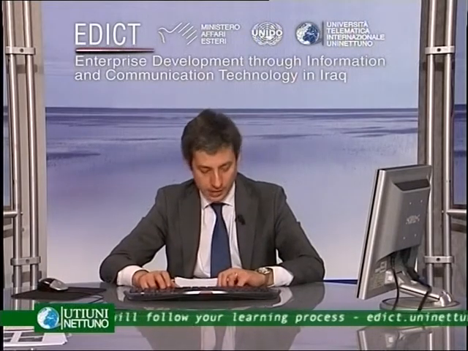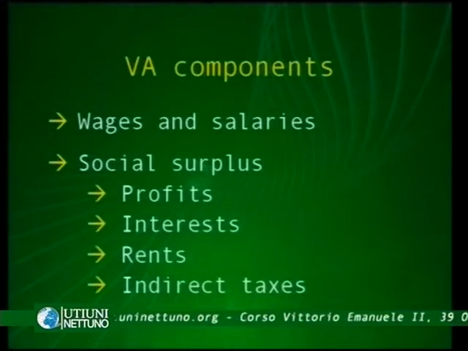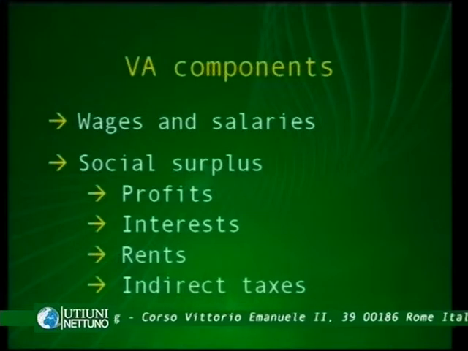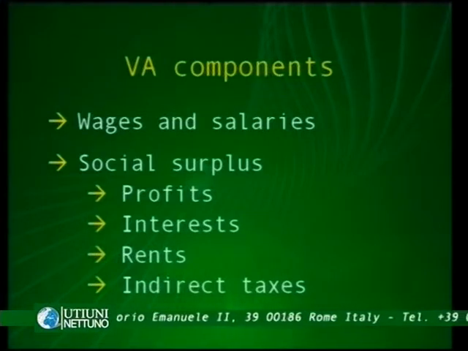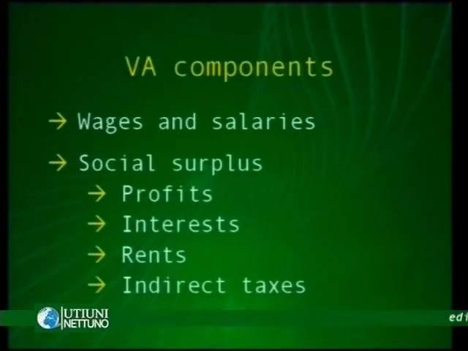So if we want to look at greater detail into the components of the value added, we can divide, as we said, wages and salaries from social surplus. As I was saying before, wages and salaries are the total compensation paid by the project to workers and employees that are engaged in the project activities, whereas the social surplus is made by all the other income that the project is generating and that are different from wages and salaries.